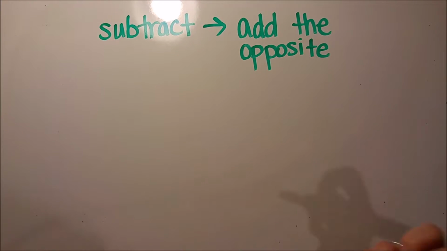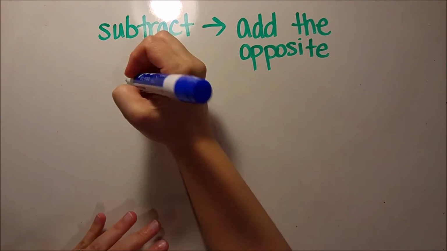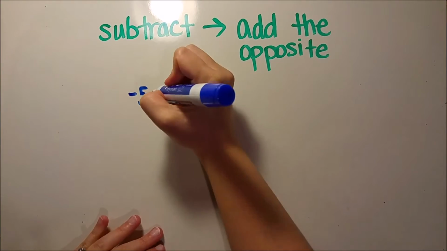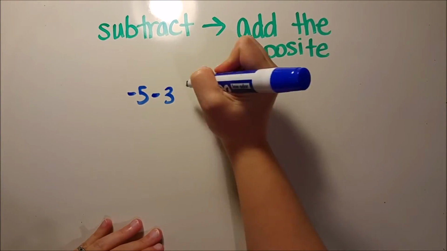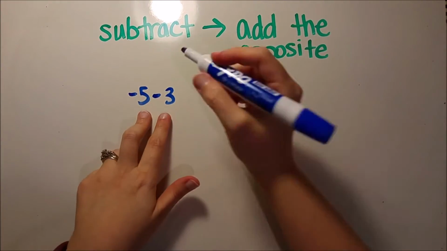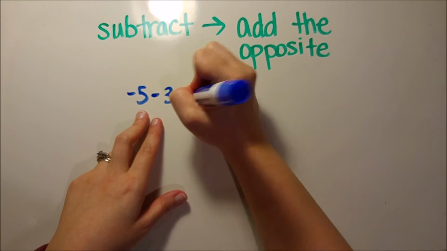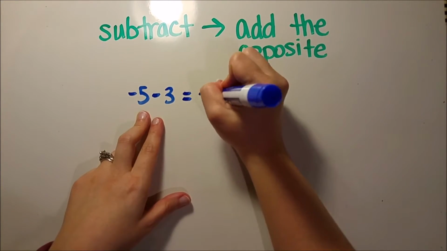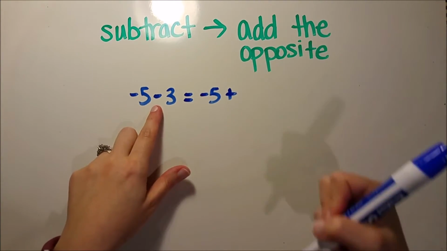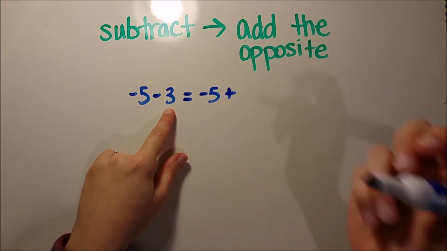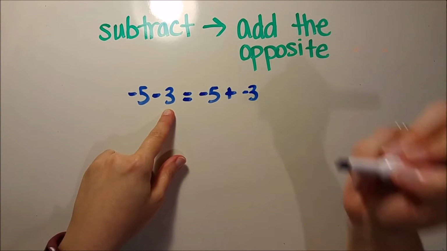Okay, so let me grab a different color marker so we can leave that rule up there standing out in green. So let's do -5 minus 3. It's slightly different than the one we just had. We're going to turn that into -5 plus the opposite of a +3, which is a -3.